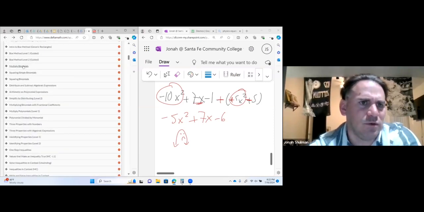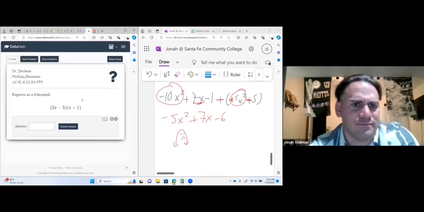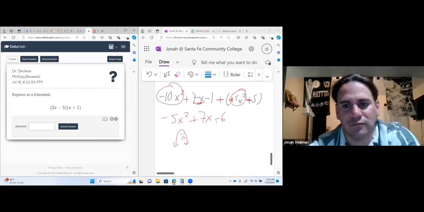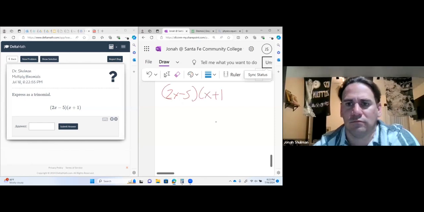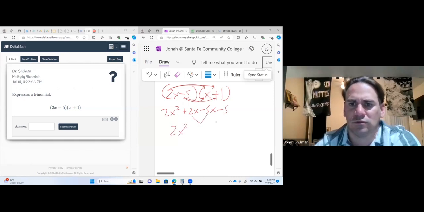All right. So let's go to multiply binomials. Same idea, right, for this one. There's your 2x squared. There's your 2x. There's your negative 5x. There's your negative 5. These are your two like terms.